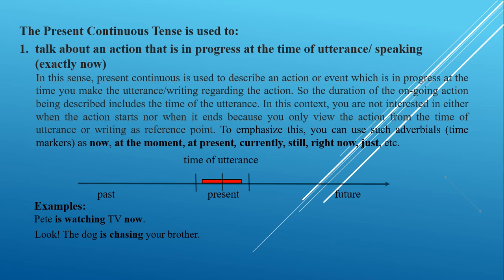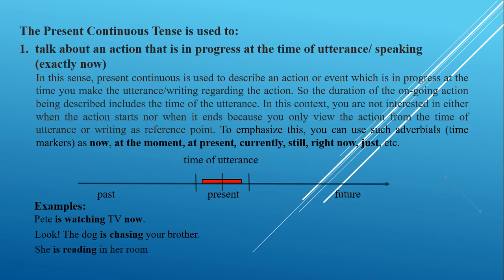And you know that because you're looking in that direction. And then you report this occurrence to John, and you say to John, look, the dog is chasing your brother, pointing in that direction. I hope that's clear. Now, let's look at other samples.